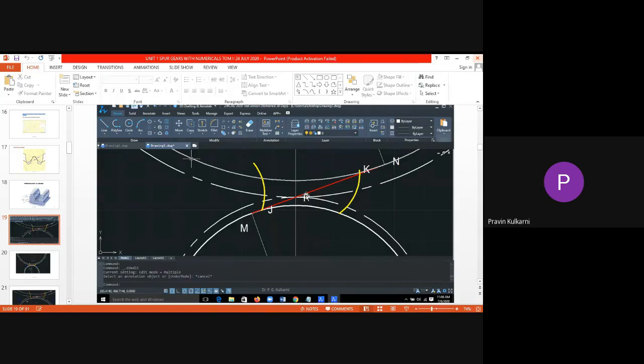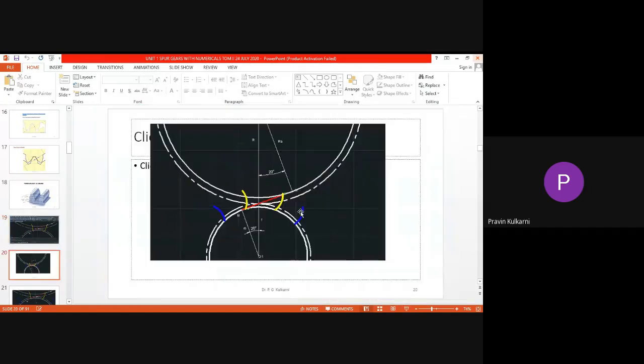The action will be conjugate action if the velocity ratio remains constant. The two profiles meeting with each other are called conjugate if the velocity ratio is maintained constant. Pitch point is the intersection of two pitch circles.